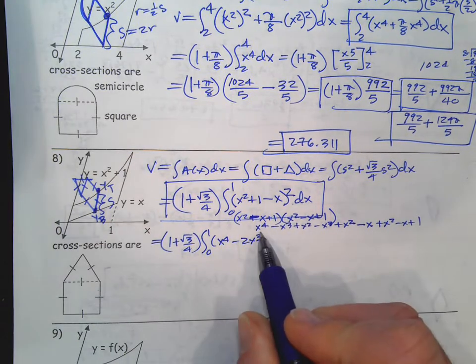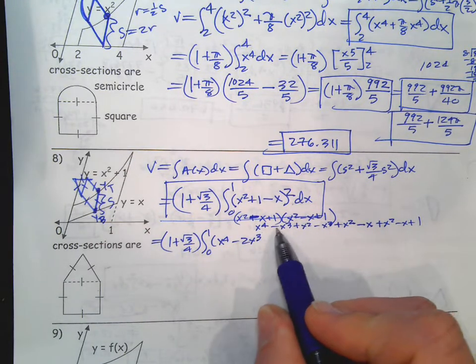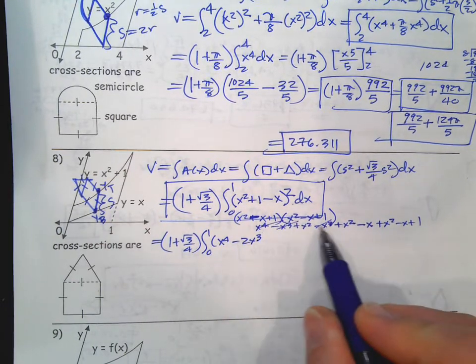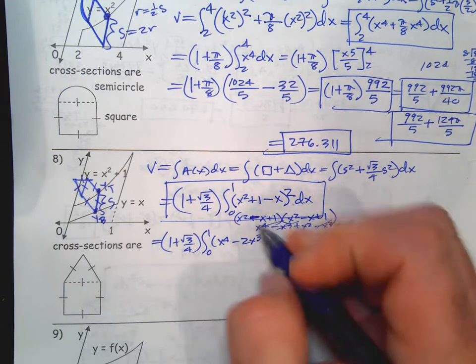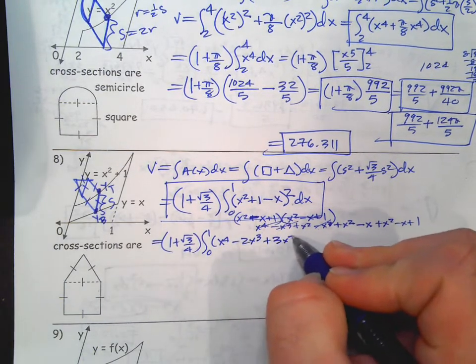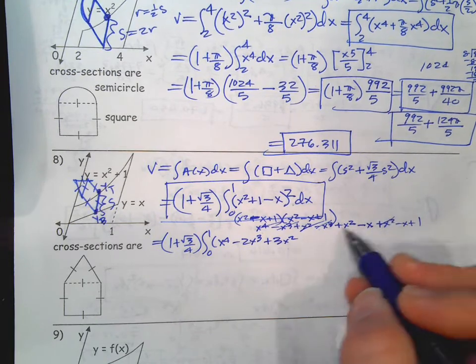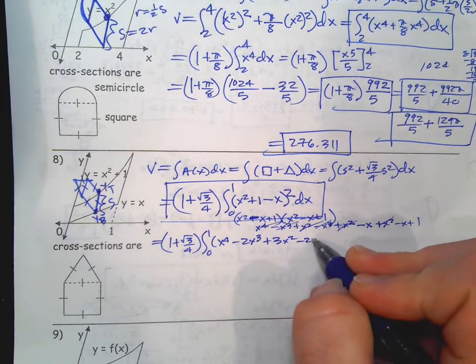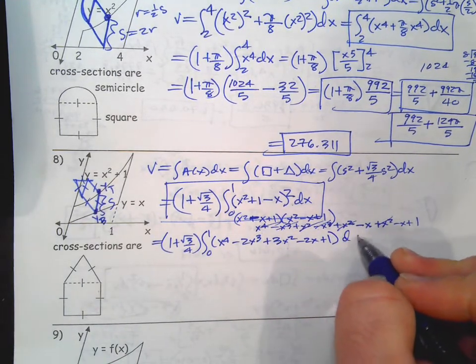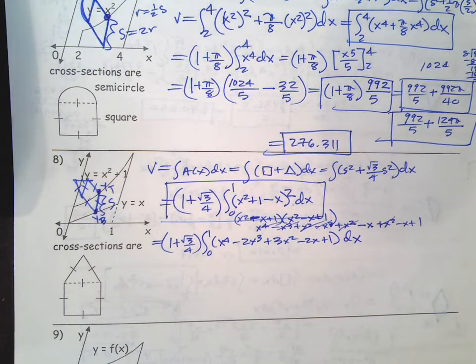So we have x to the fourth minus 2x cubed plus 3x squared minus 2x plus 1. Nice. Okay.